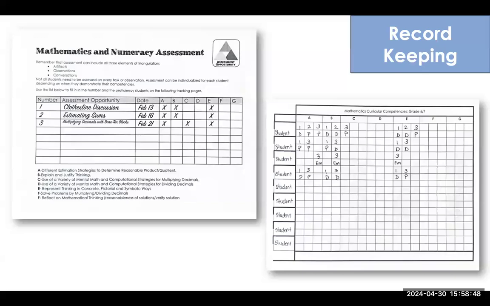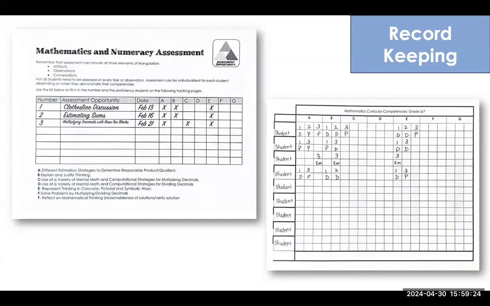An example of that: when I did the clothesline discussion related to decimals, and we were talking about the relationship between decimals and fractions on February the 13th, it was looking at estimation as well as watching students explain and justify their thinking. In addition to that, they also had to represent their thinking in concrete, pictorial, and symbolic ways. So that's showing me the things that I'm doing to target some of these learning standards.